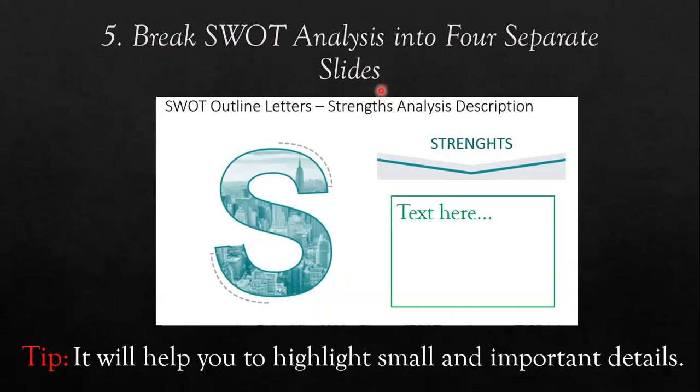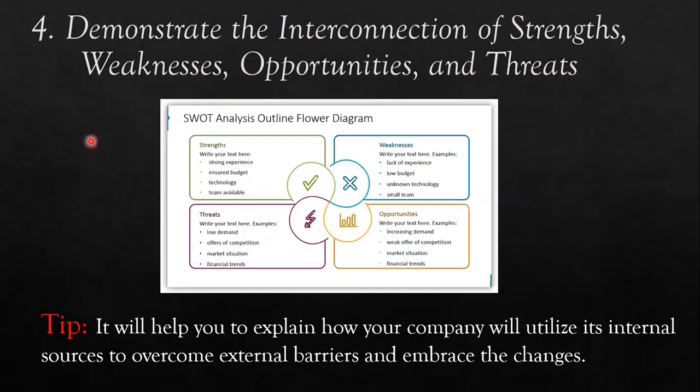Break SWOT analysis into 4 separate slides. So you use one slide for S, one slide for W, one slide for O, and one slide for T. Personally, I prefer like this. Like the 4 factors in one slide, so I can read everything and connect ideas. It's my personal opinion.